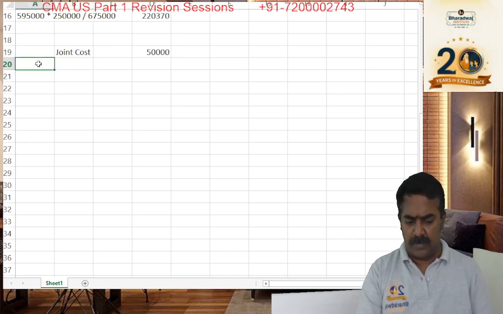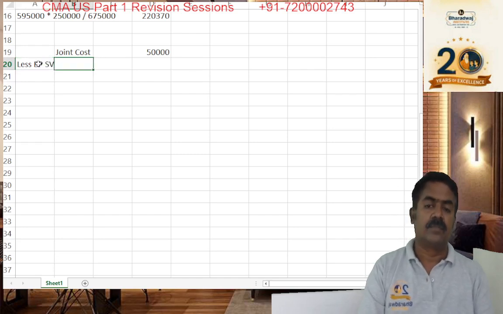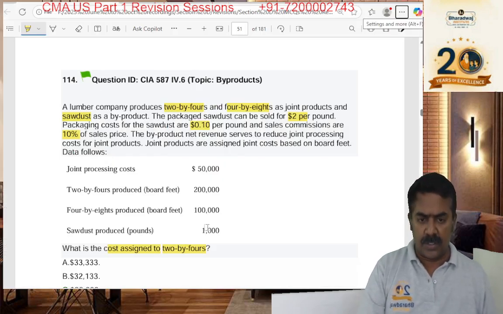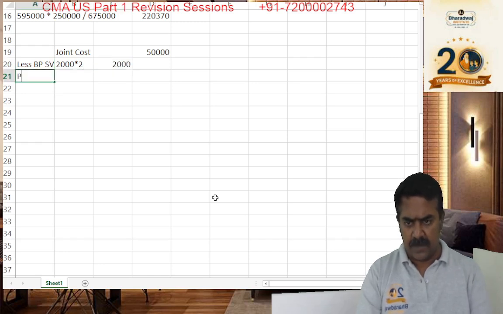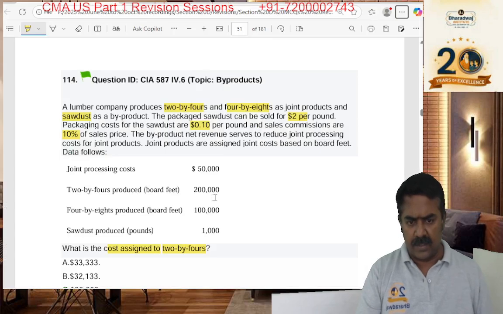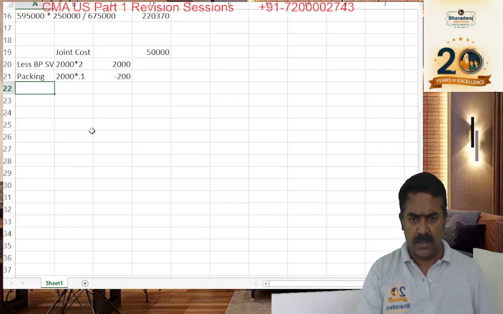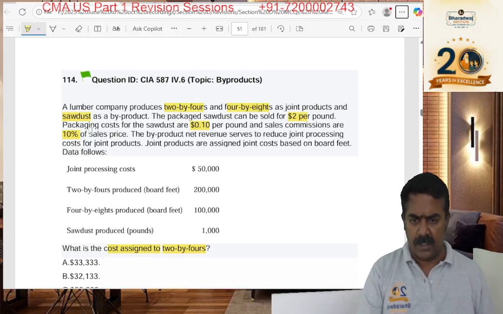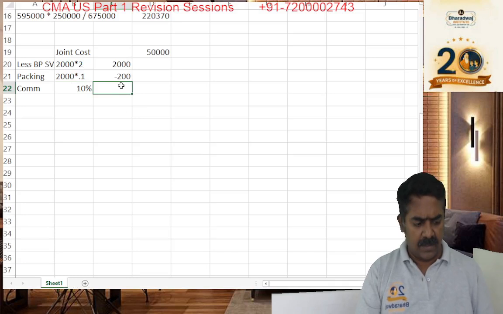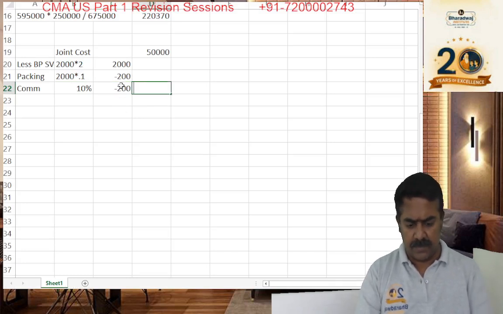50,000 less byproduct. What is the sale value? 2,000 into 2. So the packing cost? 1,000 into 0.1, 200. Then there is some more cost, sales commission of 0.2. 10% of selling price will be 200, minus 1.